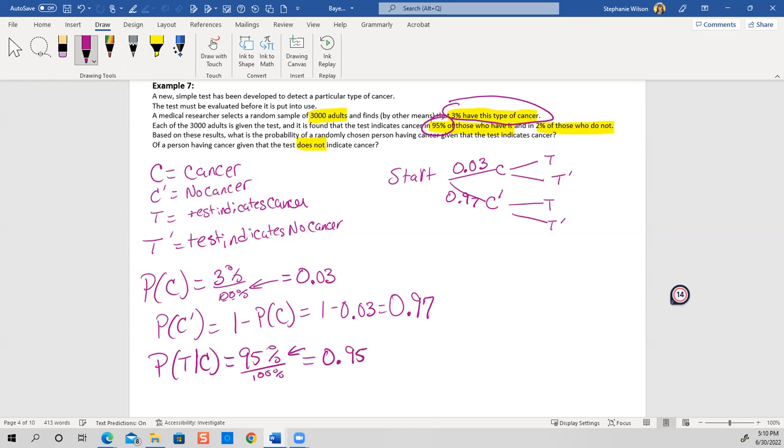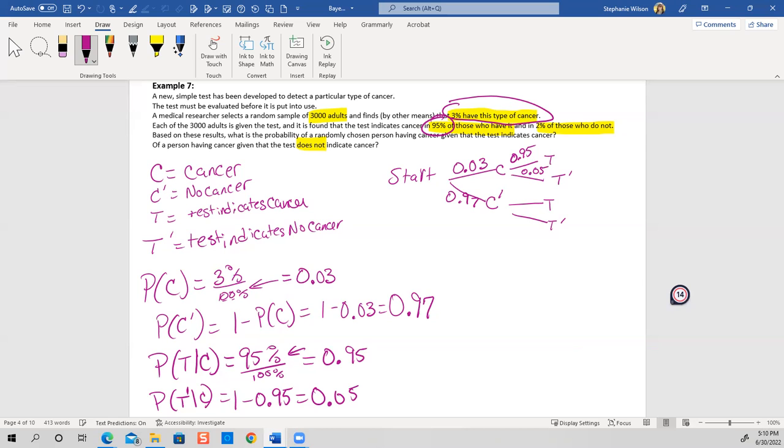So now I know this one. Now define the complement of it. The test complement, we know we're going to subtract that from 1. So I get 0.05.